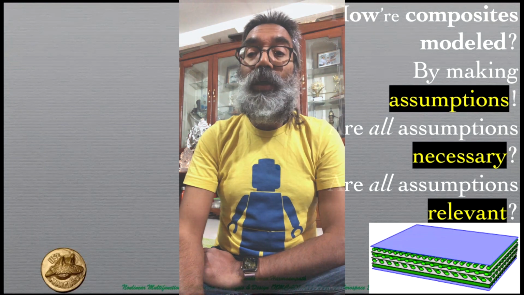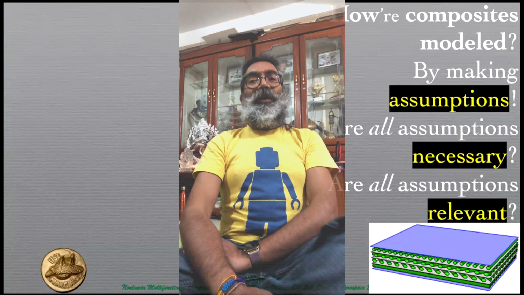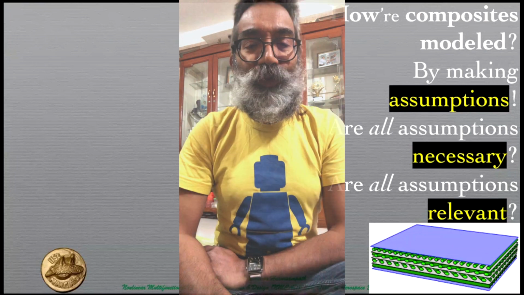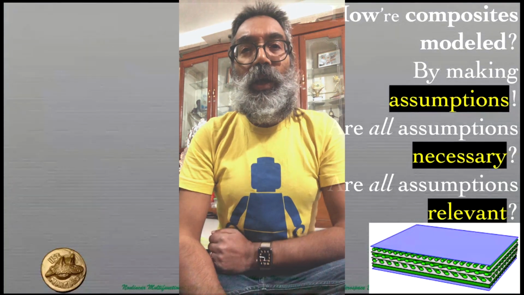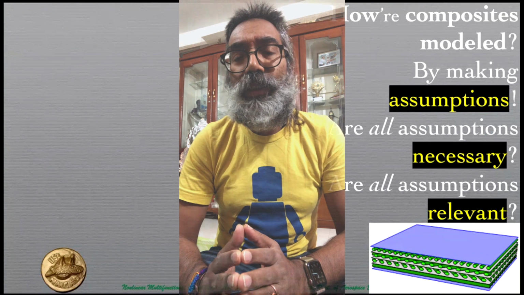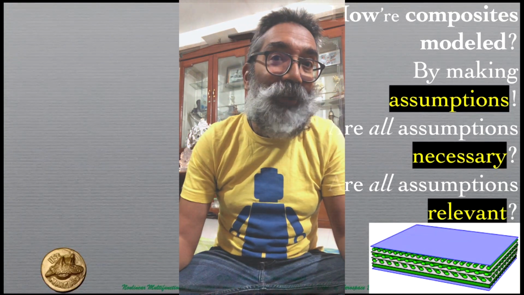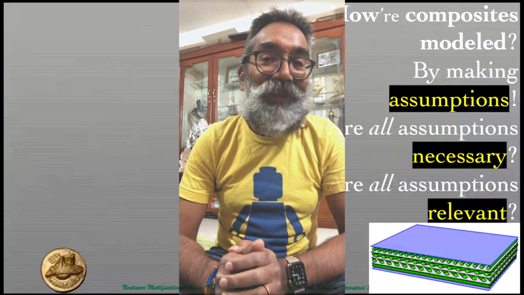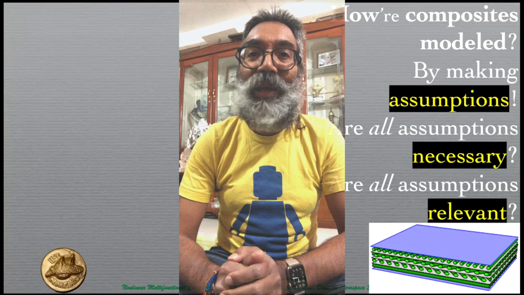First thing is, are all these assumptions necessary? See, sometimes even in textbooks, unfortunately written by some really otherwise great researchers, you would see that there are certain assumptions which are listed. Even if you don't make those assumptions, you would end up with the same model. So why even list that assumption? Without that assumption, sometimes you can end up with exactly the same model.